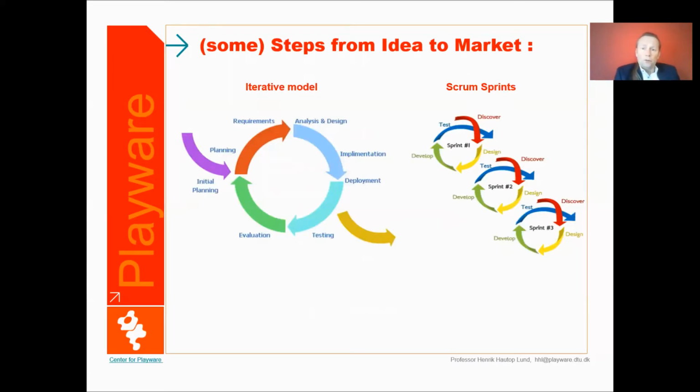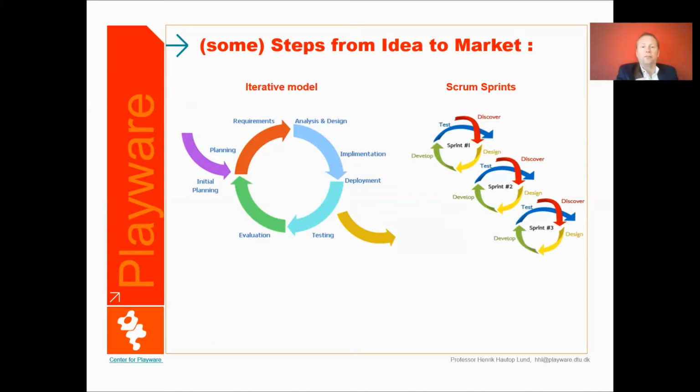So to summarize what we looked at in a little bit of messy form before with that particular example, we can put that into a model, into this kind of iterative model, where you can see on the left that there is some initial planning, some initial idea that you plan for. You look into what the requirements are, you do an analysis, you do a design, implement, and then you deploy, for instance, in a test.